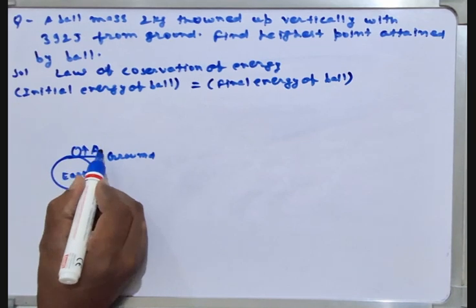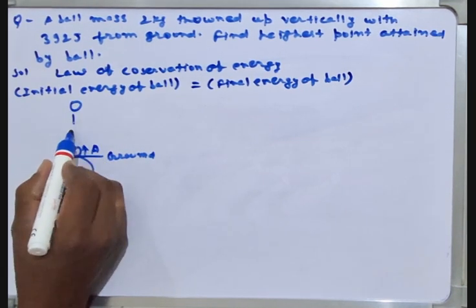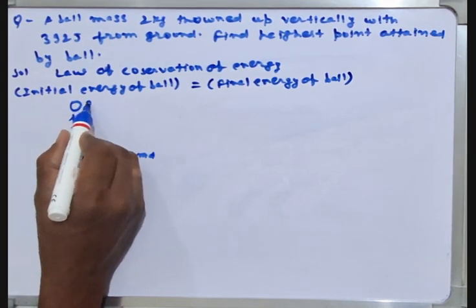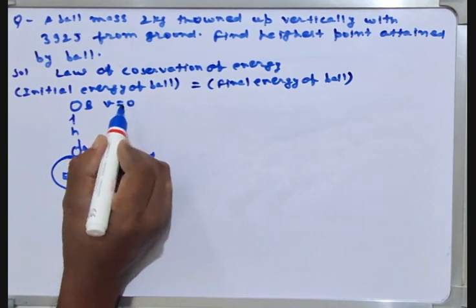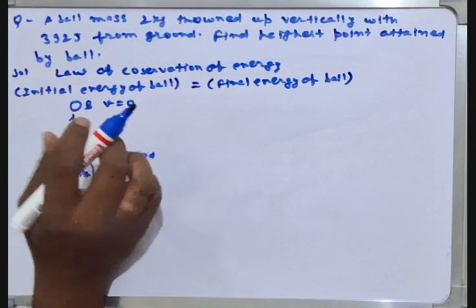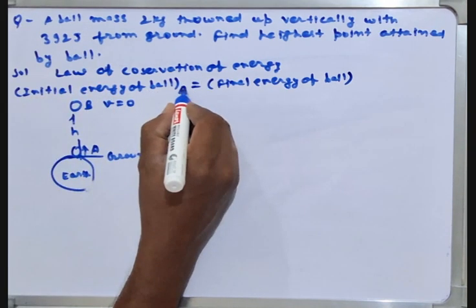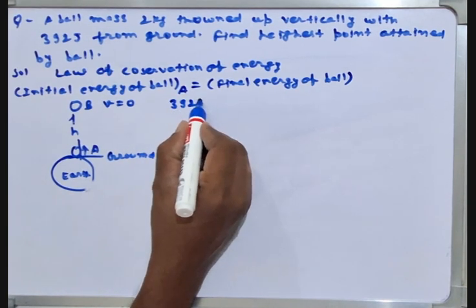It is initially at point A, and after traveling distance h vertically, it attains point B, where the final velocity v is equal to 0. So the initial energy of the ball at point A is 392 joule.